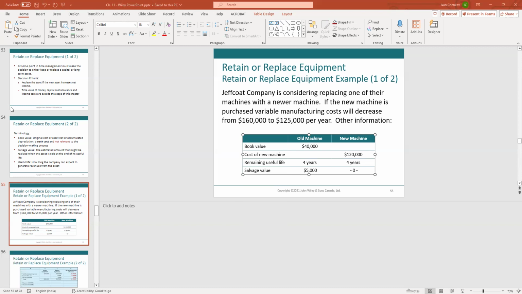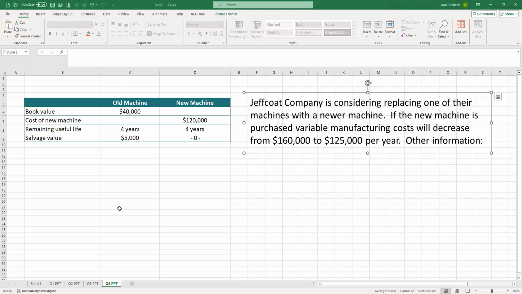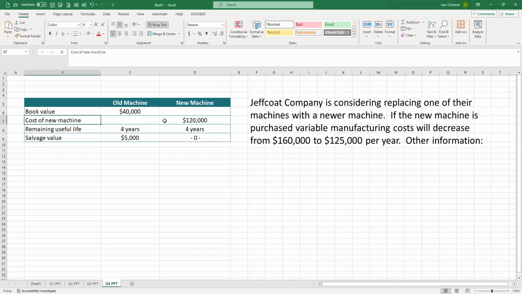Okay, so the other information is the book value, cost of the new machine, remaining useful life, and salvage value for the old machine.